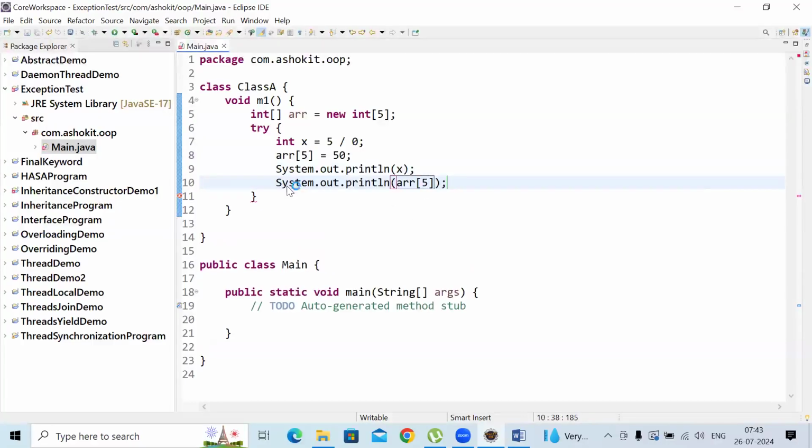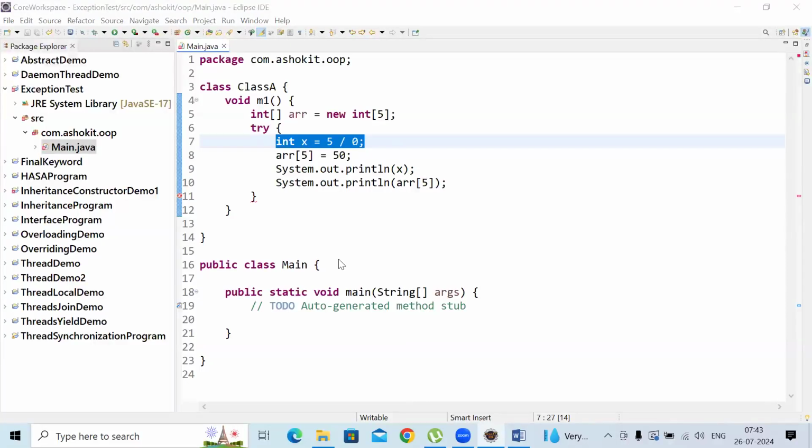Now I have a question to all of you. What exception is going to occur at line number 7?